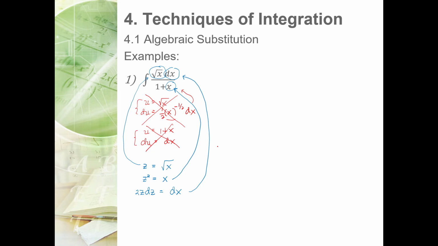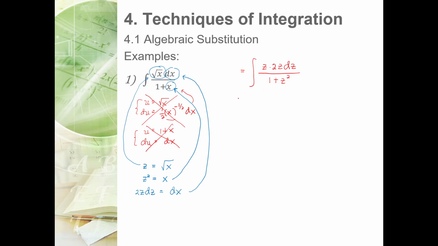Okay, so if we try to replace every term here, in the numerator, square root of x becomes z. Then your dx is now 2z dz, divided by 1 plus z squared. So notice in the new integrand, we won't be dealing with radical expressions anymore.